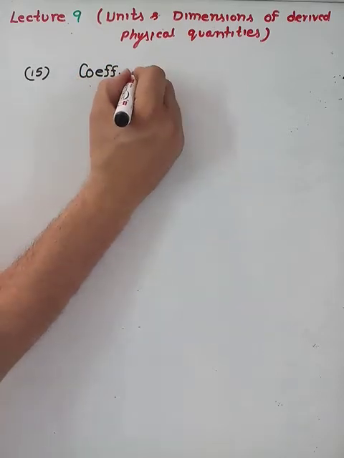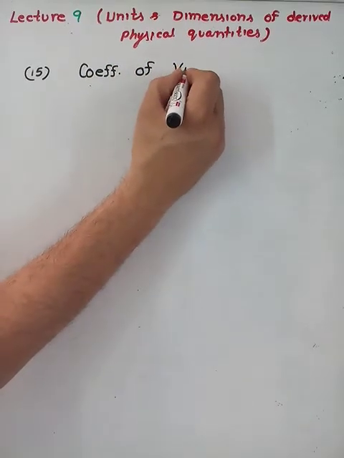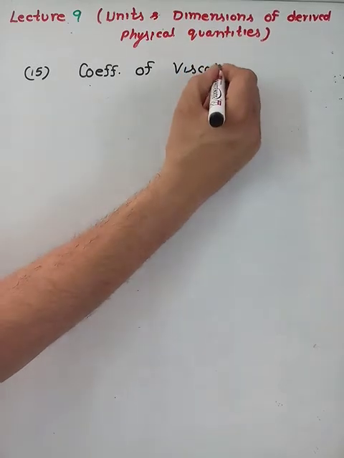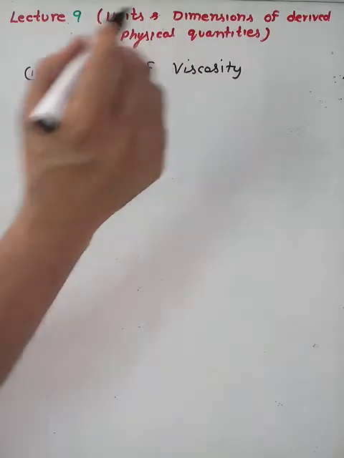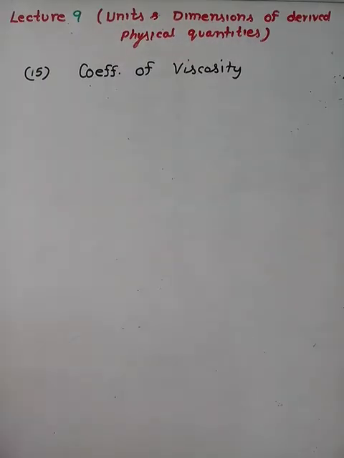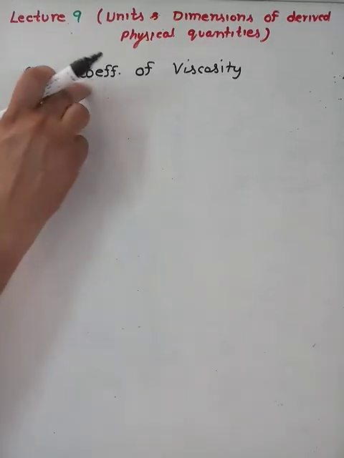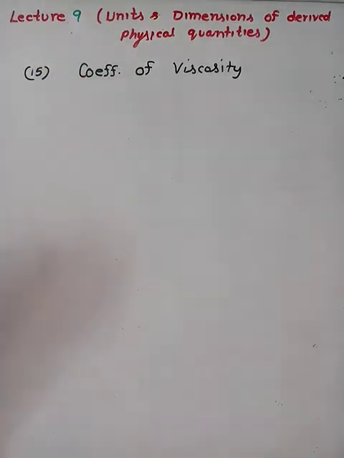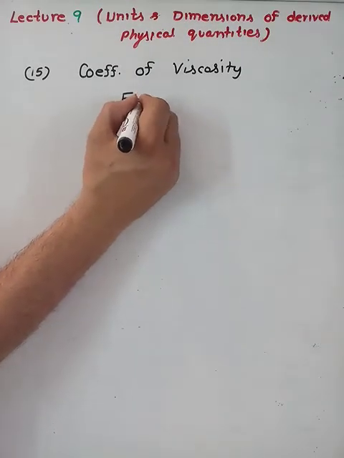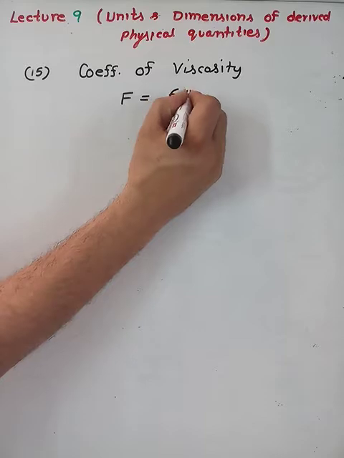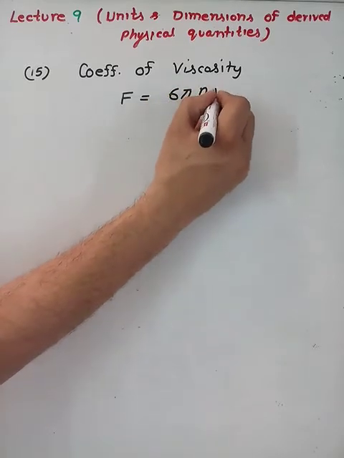Viscosity plays the same role in fluids as friction force plays in solids. That means viscous force opposes the motion of two layers of liquid. Now again you need a formula. F, we have a formula. F is equal to 6 pi eta RV.